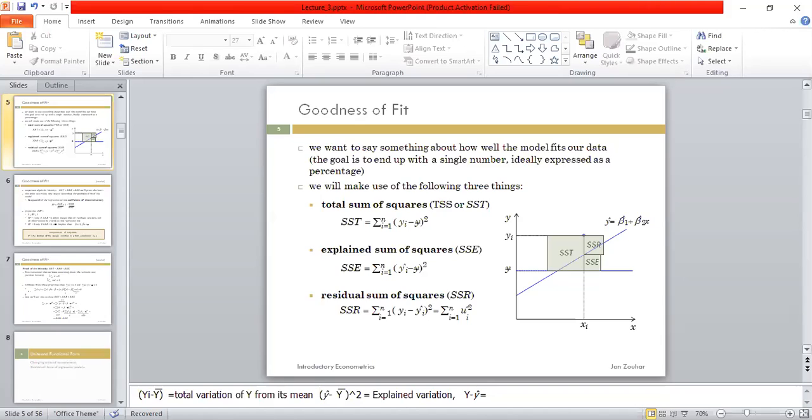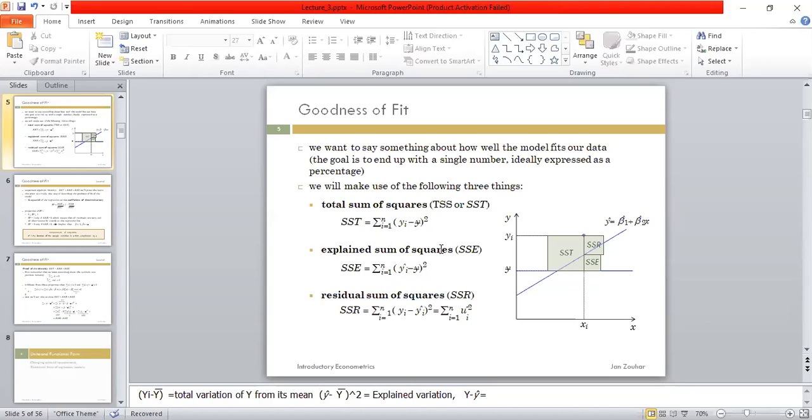In that case, then, what is R square? What is the goodness of fit? Goodness of fit is now simple. What fraction of the variation of Y is explained by X? Now we know this is the explained part, explained sum of squares. This is the total part.